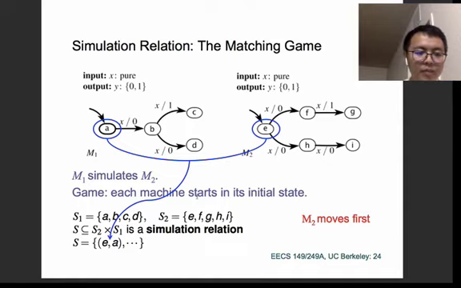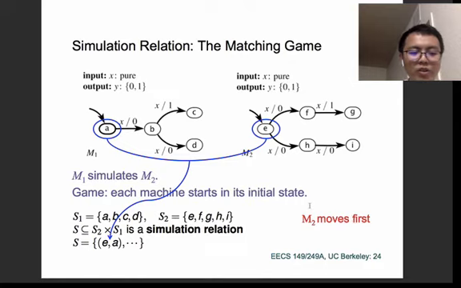because when you check if M1 is simulating M2, we must let M2 move first.